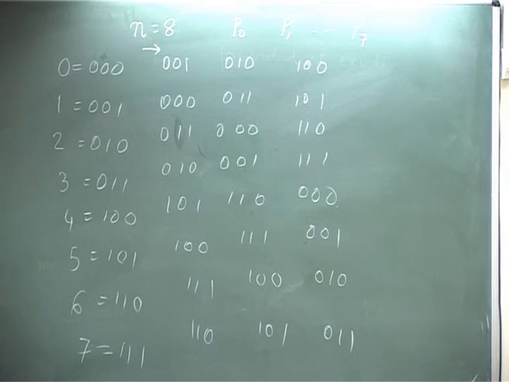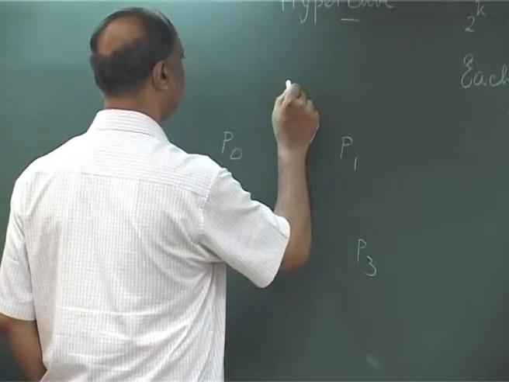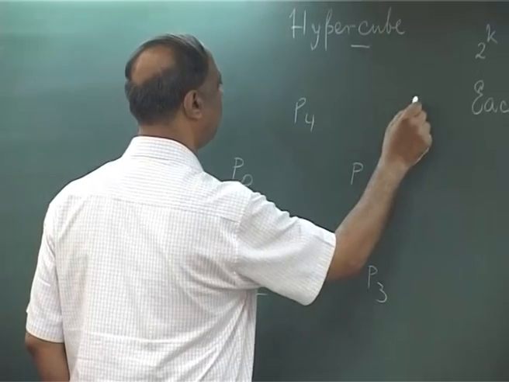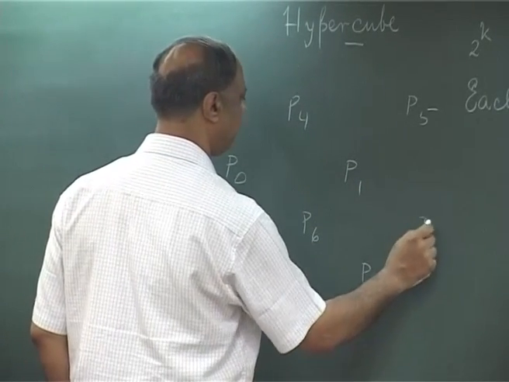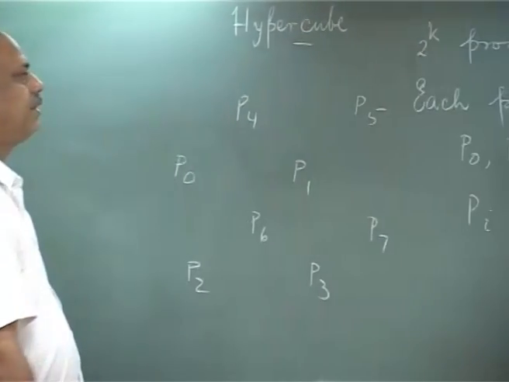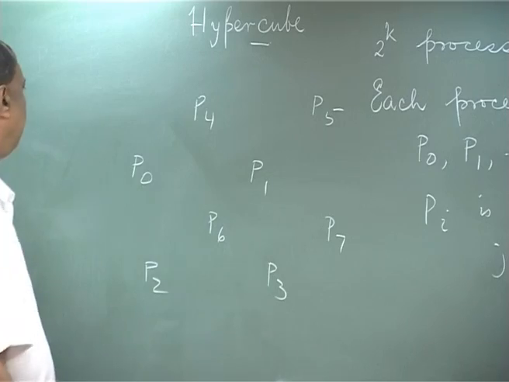So if I draw this, P0, P1, P2, P3, P4, P5, P6, P7. P0 is connected with P1, P2, P4.